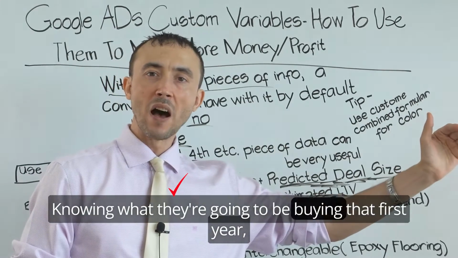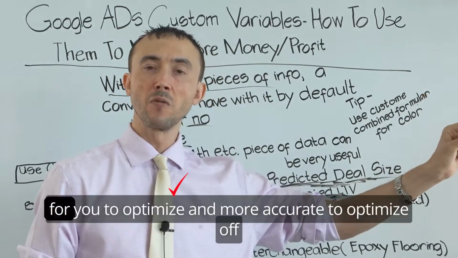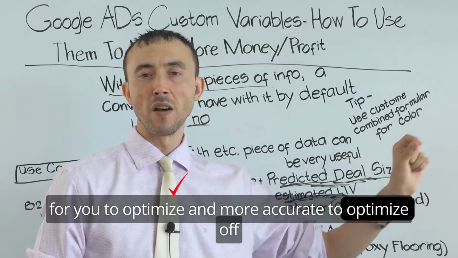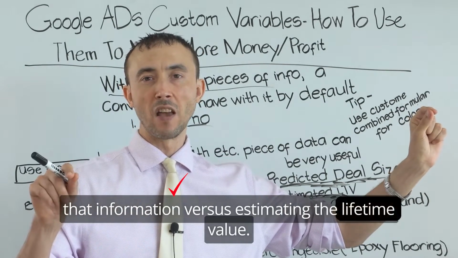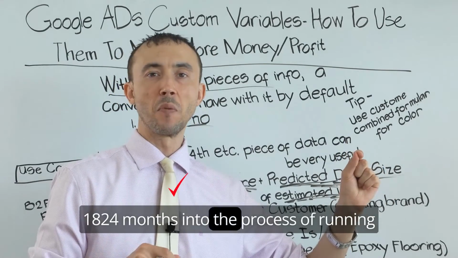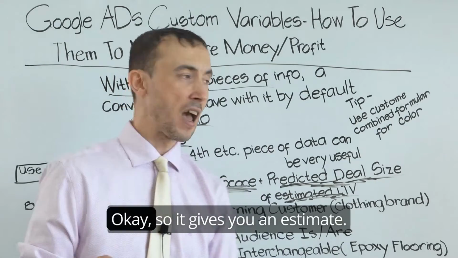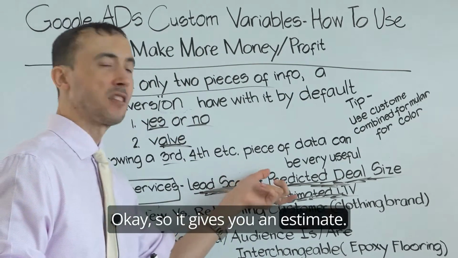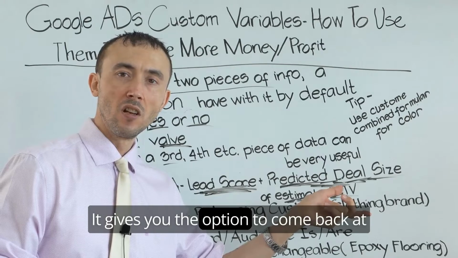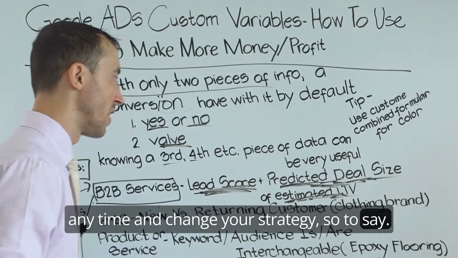Knowing what they're going to be buying that first year in a lot of cases is going to be easier and more accurate to optimize off than the estimated lifetime value. In some cases, you'll find out 6, 12, 18, 24 months into running your ads, estimated lifetime value is better. Okay? So it gives you the option to come back at any time and change your strategy, so to say.